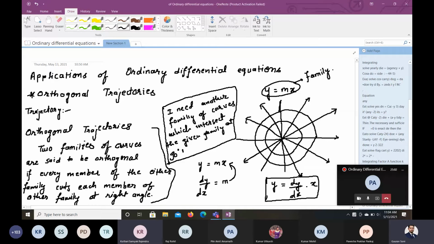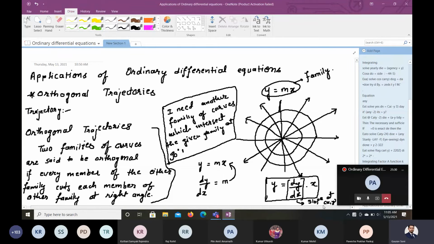This is the slope of the curve at any point x comma y. Okay. So slope of the tangent actually. So whatever curve is given, if I find out dy by dx, then it will represent the slope of tangent to the curve at the point xy.